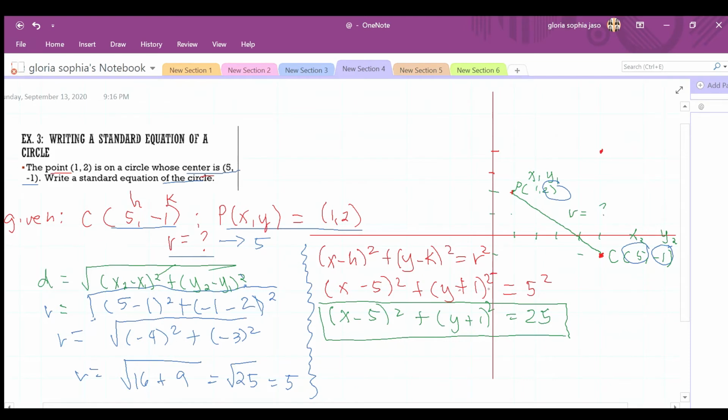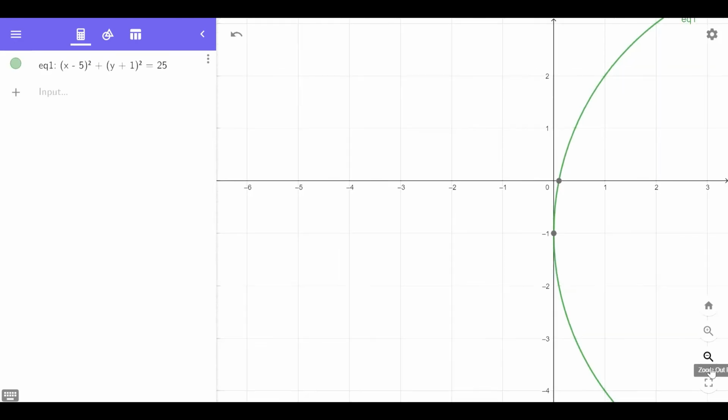So, 1, 2, 3, 4, 5. It's from the center to the left. 1, 2, 3, 4, 5. Okay, tsaka somewhere here. So, pwede na natin i-trace yung circle natin. Okay. So, somewhere there, hindi na naabot ng paper natin. Okay, so that's the graph of our circle. So, ito yung graph ng circle natin in example 3.